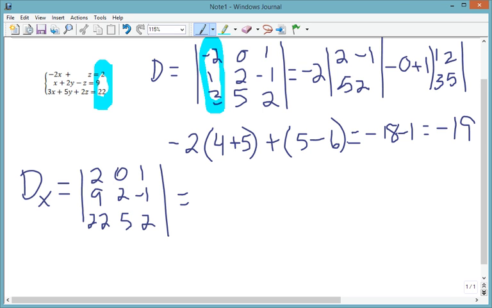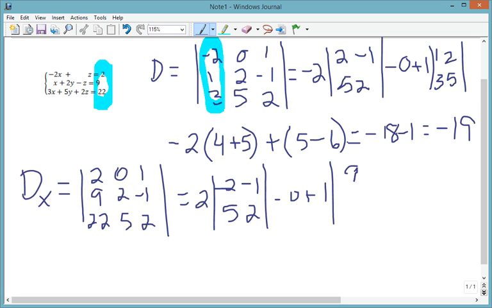Okay, now I'm going to find the determinant. I still have 0 on the top row, so 0 will probably be a good idea. Now it's going to be a positive 2, and it'll be 2, negative 1, 5, 2, minus 0, plus 1, and this determinant would be 9, 2, 22, 5.